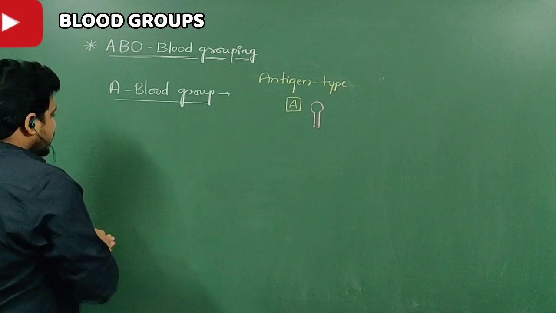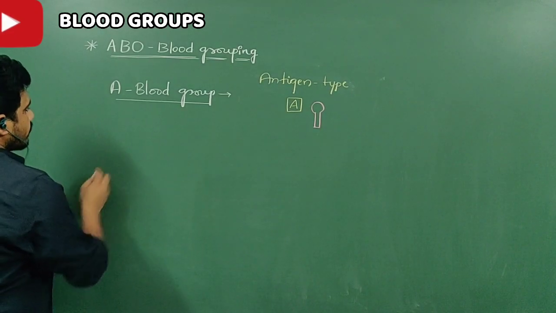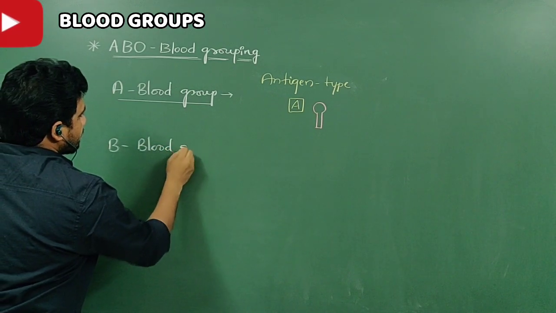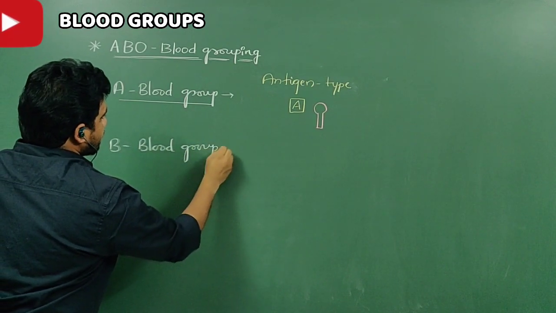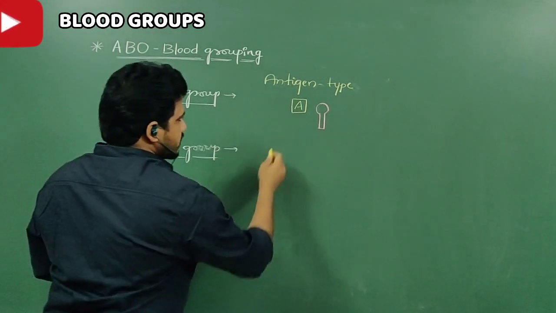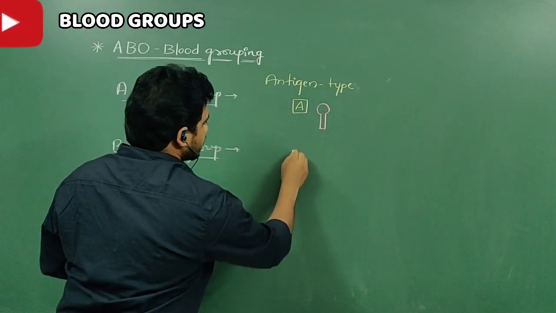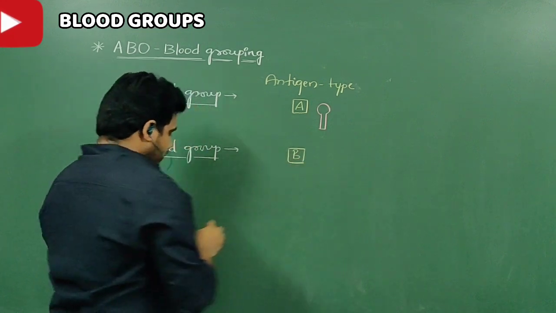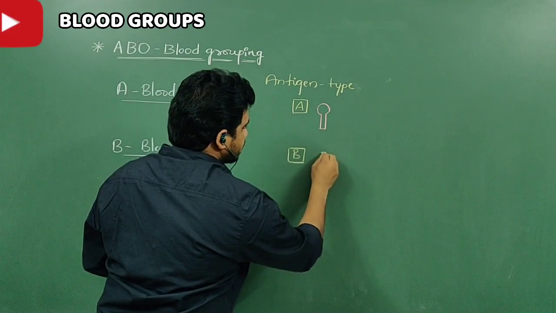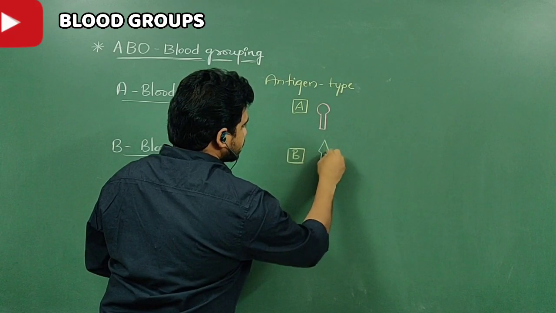And in case of B blood group, the antigen tag is B. So to differentiate the B antigen, I am taking another shape like this.